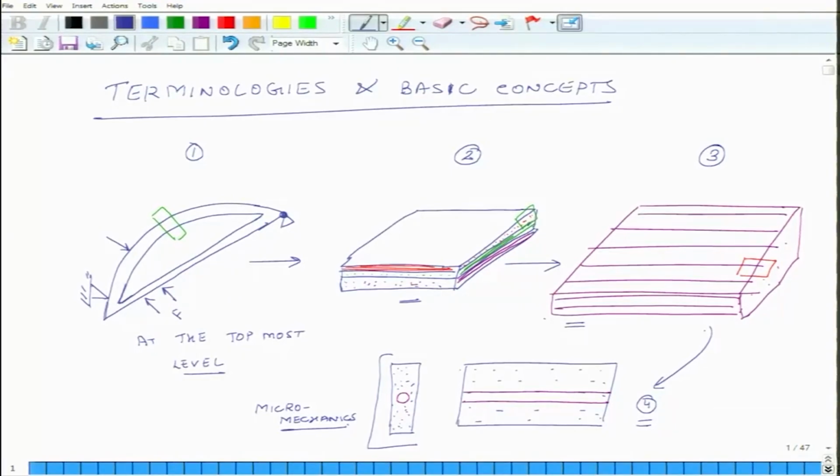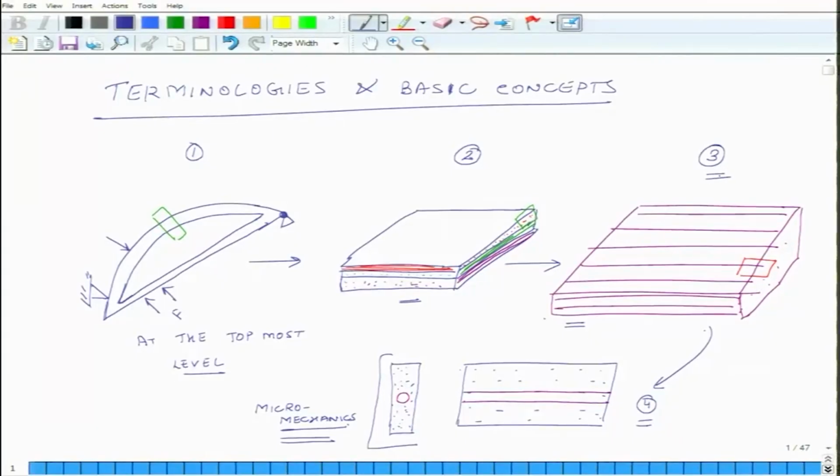So, this is how we understand the behavior, through this body of knowledge known as micromechanics. What we do is we understand what happens if you place a single fiber in a sea of matrix and you pull it, and then the same approach is used to understand level 3.